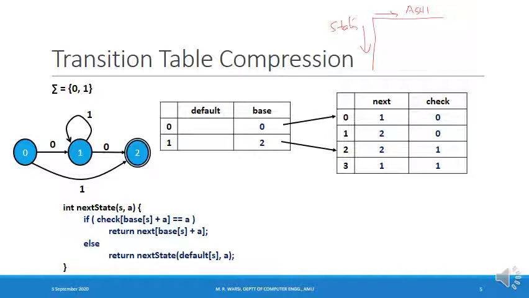You can multiply these two figures to determine the size of the transition table. Now we are looking at compressing this transition table, storing it in a reduced space.